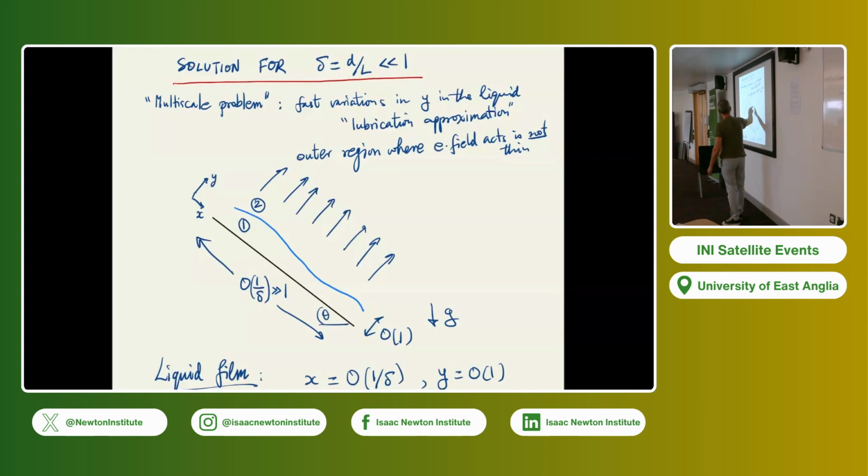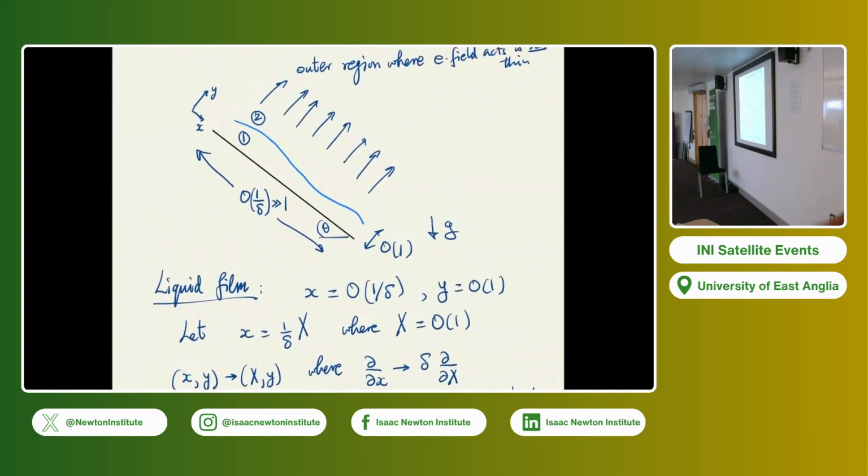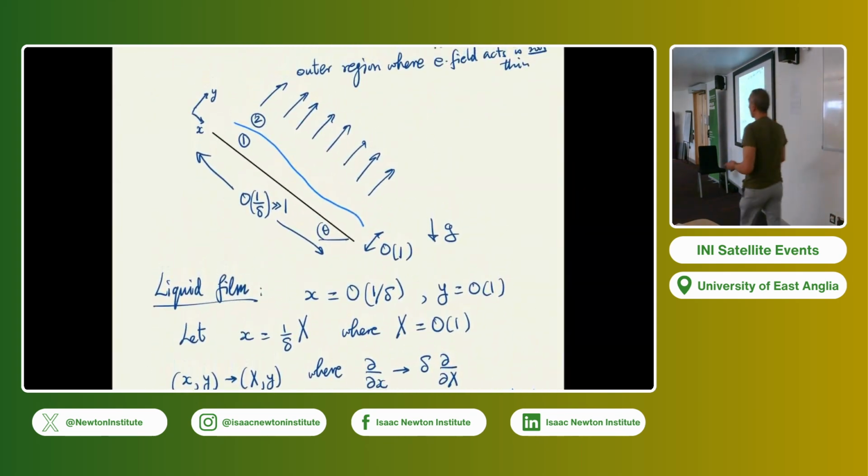The situation is much worse if this is a liquid and this is another liquid, because then you have to deal with the Navier-Stokes equations up there. But that's also doable, and we will see that later on. So it's just a matter of taste, how you do this. But the appropriate length scale then in the x direction is 1 over delta, if delta is the small parameter.